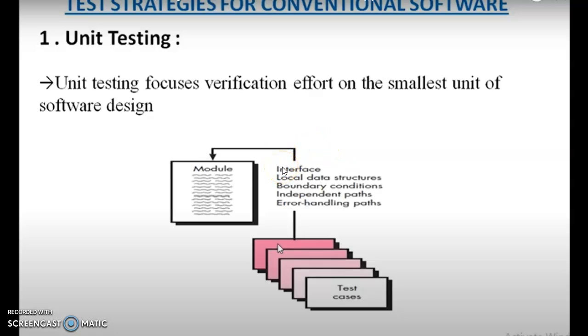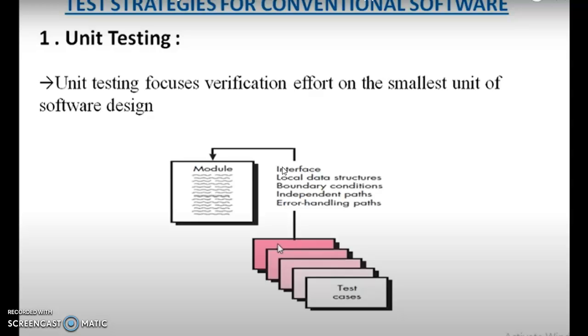The local data structures are examined to ensure that the data stored temporarily maintains its integrity during all steps in an algorithm's execution. And all independent paths through the control structure are executed to ensure that all statements in the module have been executed at least once.